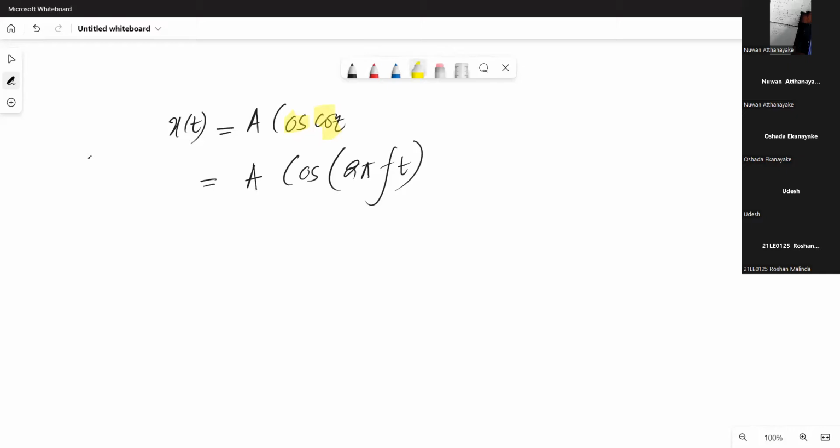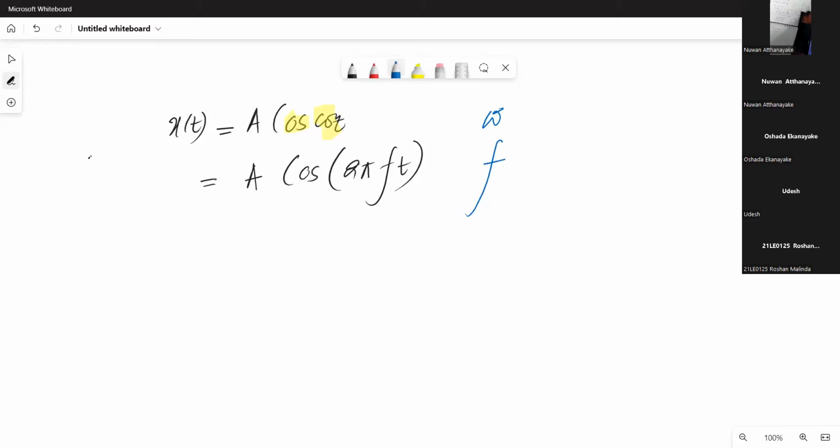So if you are given a signal based on trigonometric functions, always try to fit it into this standard form. Then you can extract either the angular frequency omega or the frequency of the signal.